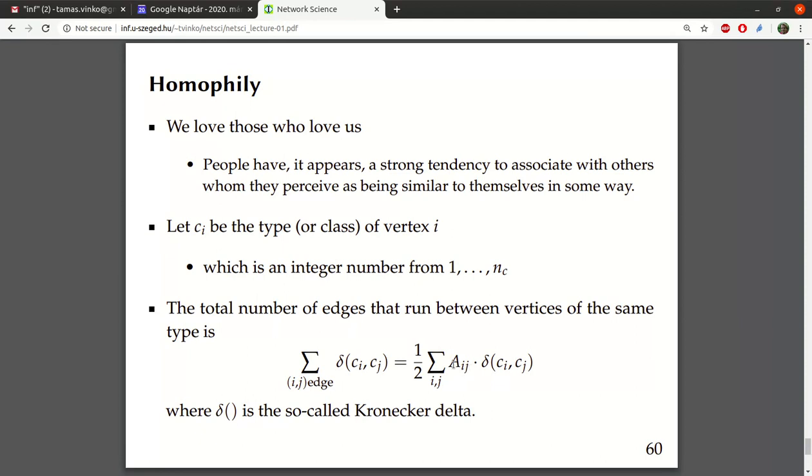So you can see that this is an easy substitution of the previous formula. The only difference now is that we have to divide the whole thing by 2, because we are dealing with undirected networks, where we are counting all the edges 2 times, from i to j and j to i.